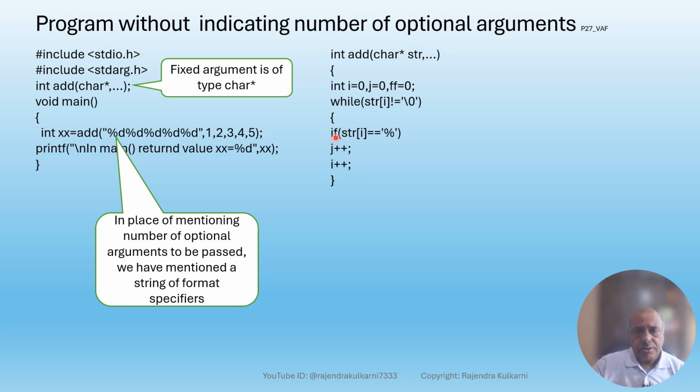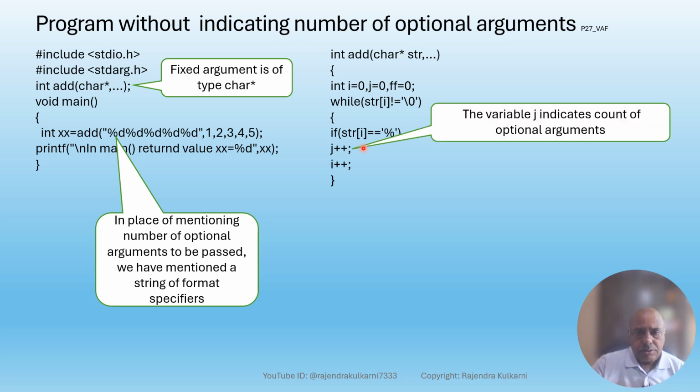So in every iteration, whenever there is an occurrence of the % character, j will be advanced. In effect, when the loop terminates, j carries the count of optional arguments, because the number of these %d's is the number of variables we are going to pass to the function through this call.